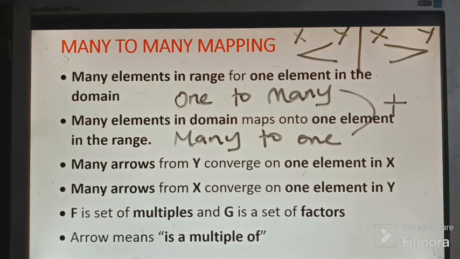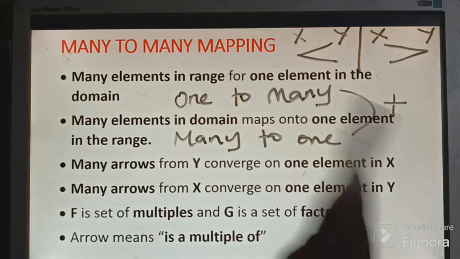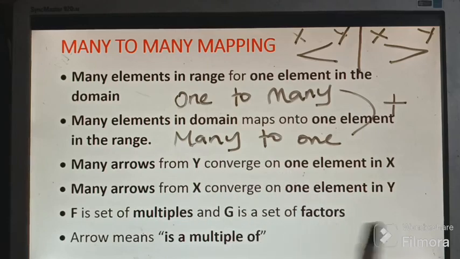Let's look at an example. In the example, F is a set of multiples and G is a set of factors. So remember, we must always define our arrow. Our arrow means is a multiple of. So remember what are multiples? Remember our factors. My factors are the numbers we multiply, and the answer of multiplying my factors is what we call the multiple.